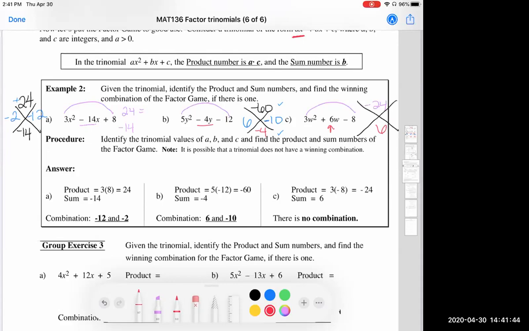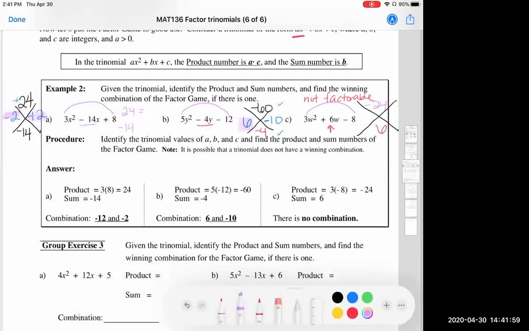So there's no combo. We wouldn't be able to factor it. Not factorable. There's no combination. Our combinations are these winning numbers, right? Negative 2 and negative 12, 6 and negative 10.